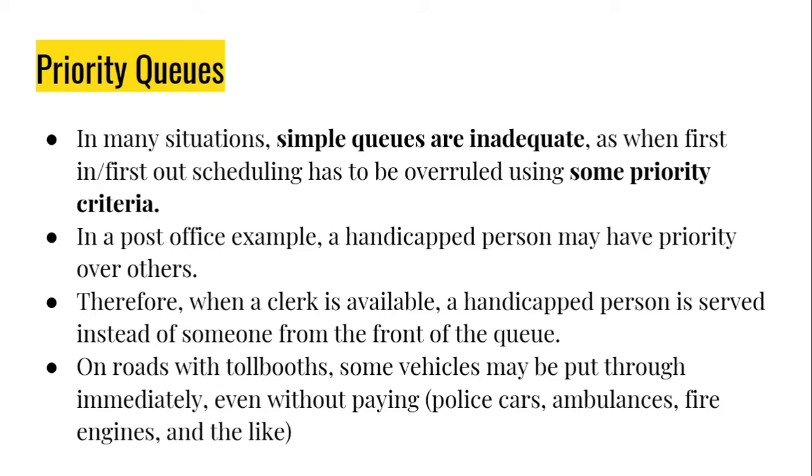In the Philippines, when you are in the banks, pregnant women, PWDs, and senior citizens are given priority even though they arrive late in the queue. This is a real-world example of priority queues.